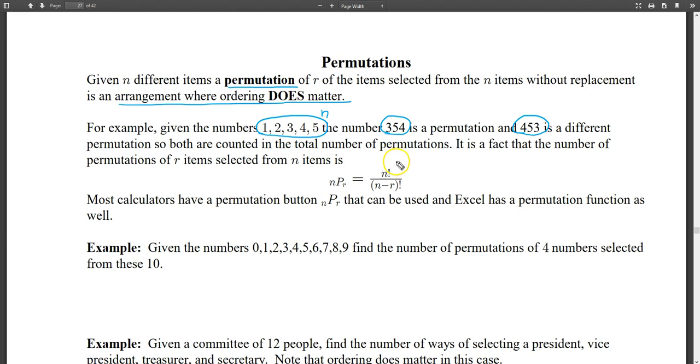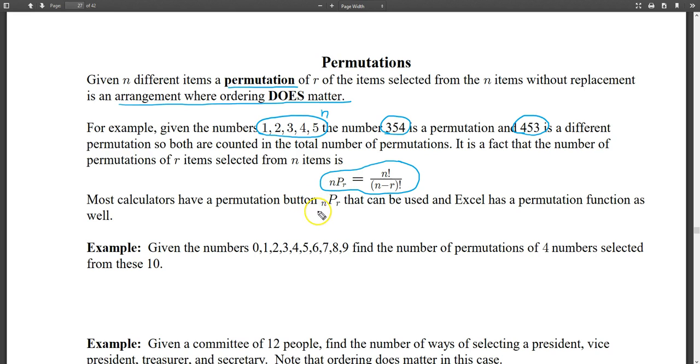Now, if you have n items and you select r items from those n without replacement, here's the formula for how many permutations you have. You will have n factorial divided by n minus r factorial possible permutations.